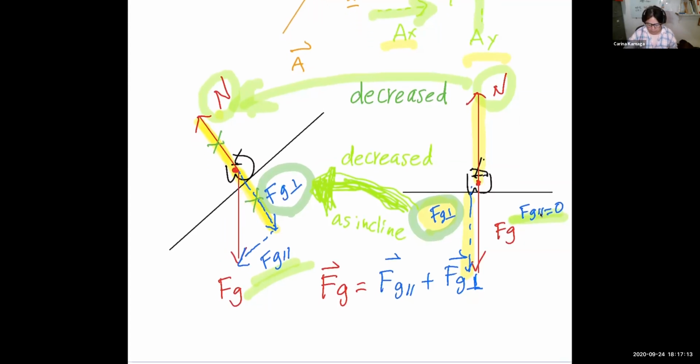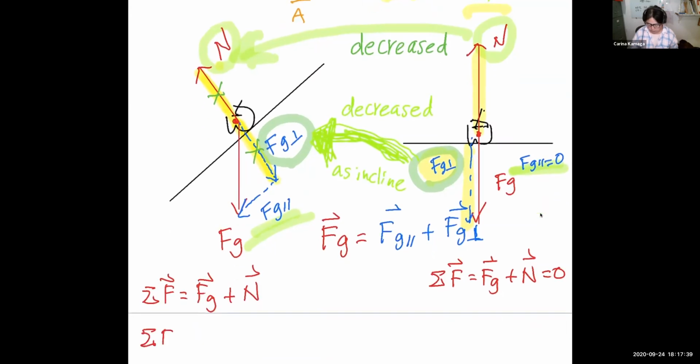So what is the net force on the apple on the incline? The net force on the apple on the flat surface, which is Fg plus N, was equal to 0 before. Now the net force on the apple is still just the gravitational force plus the normal force.